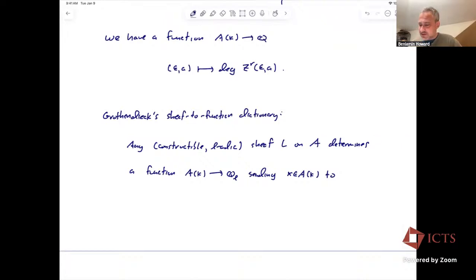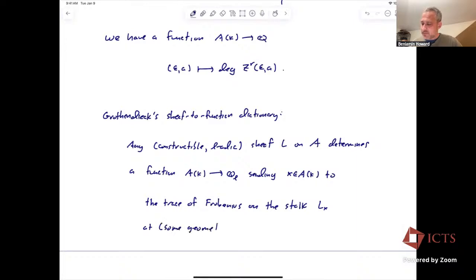So sending the point x to the trace of Frobenius on the stalk L_x at some geometric point above x.